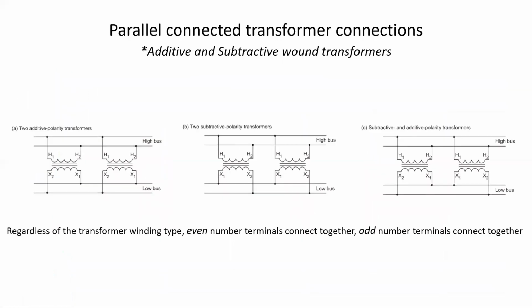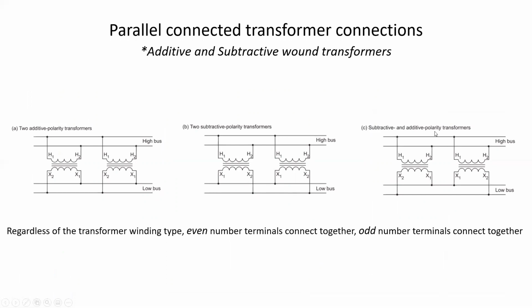Now, what if you were running into a situation where you had different combinations of transformers? On the far left, this is two additive polarity transformers, same as what our previous diagram was. This is two subtractive polarity transformers. The only difference is the orientation of where the terminals are located, but you'll notice that X1 still connects to the same bus bar.